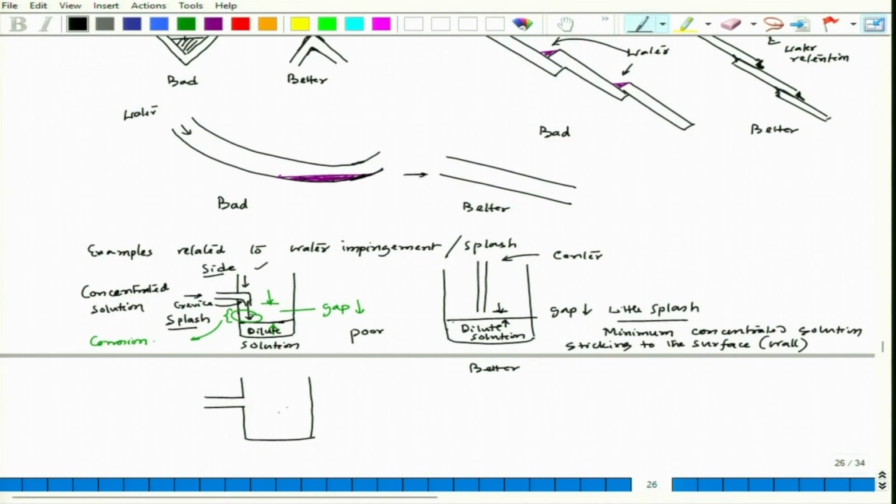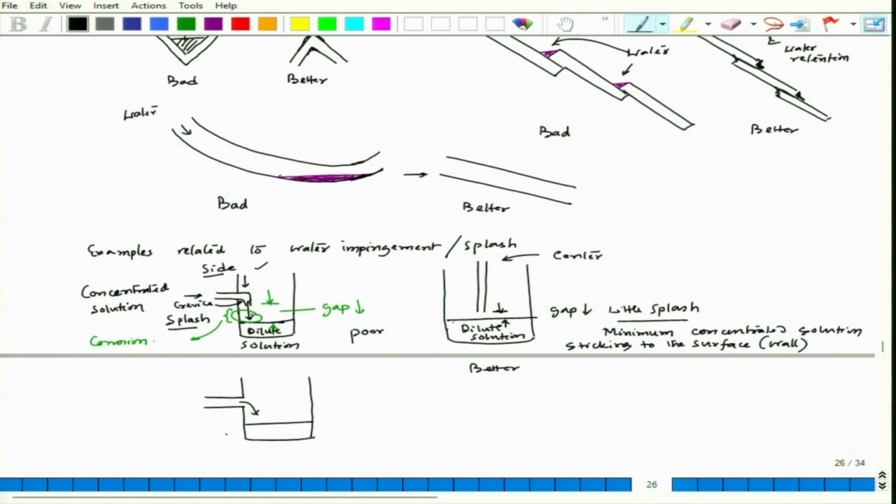There is no bend in the pipe which is entering into the tank. But if the dilute solution layer is here and the gap between the exit point of that inlet pipe and the dilute solution layer is high, again splash can happen, and that splash will be closer to the wall of the tank.